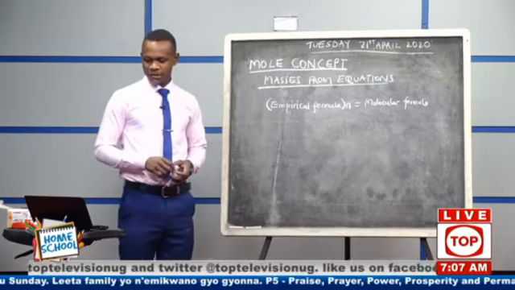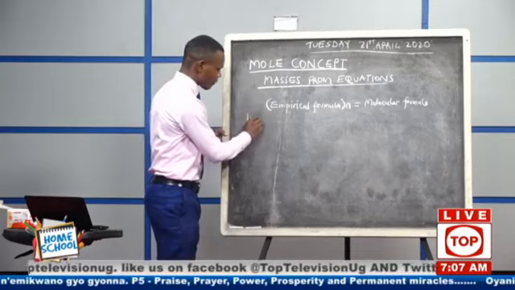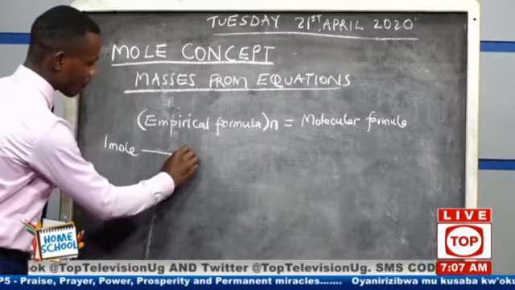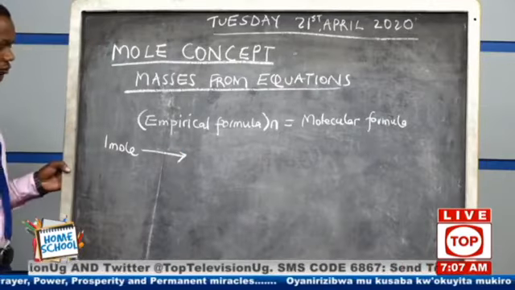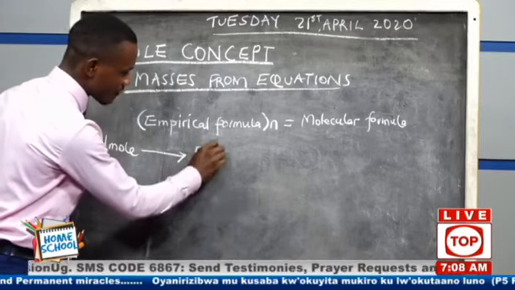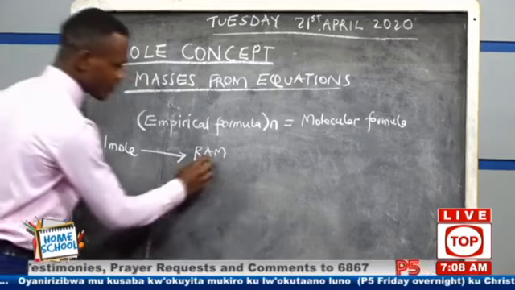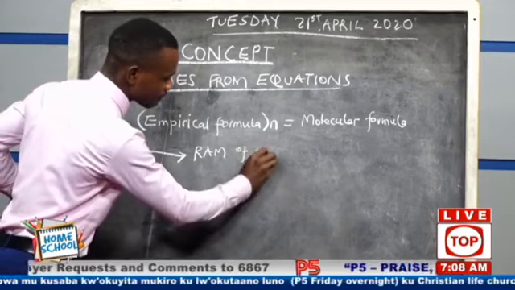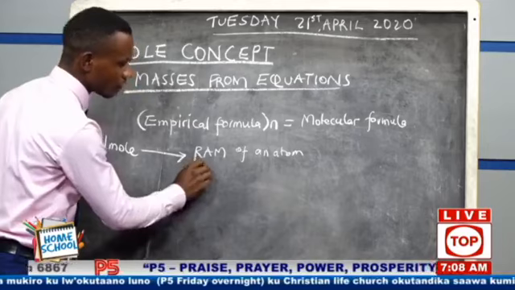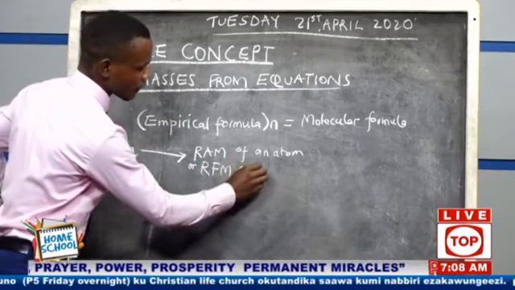We also say that 1 mole is equivalent to the relative atomic mass of a given atom, okay? That means this one is of an atom, or it can be equal to the relative formula mass of a compound.